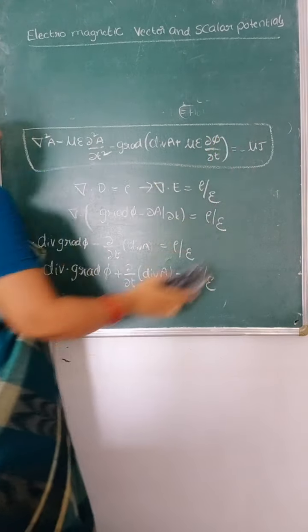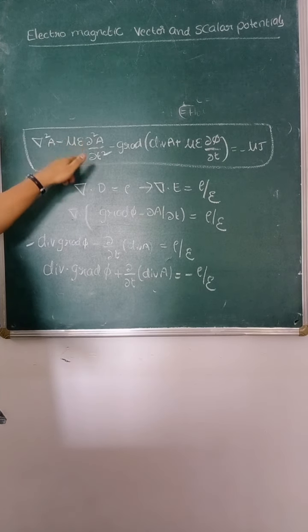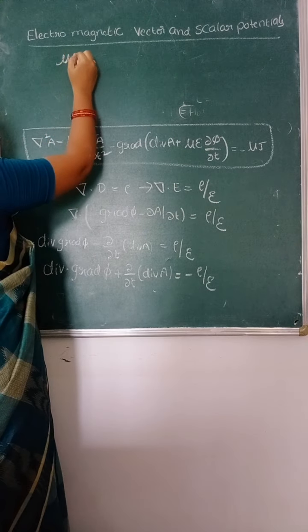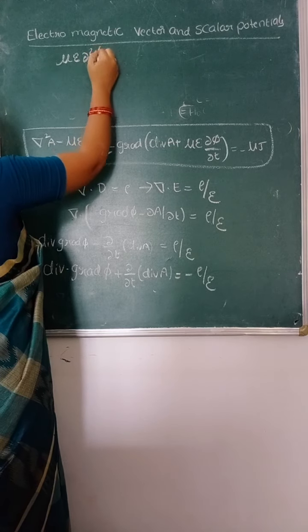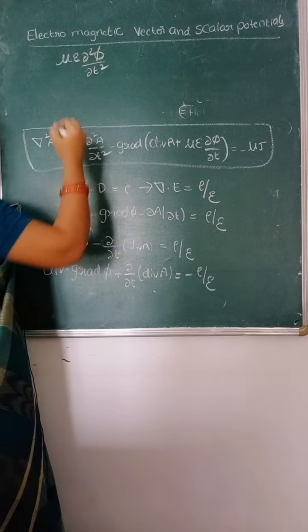Let us add and subtract the term mu epsilon dou square phi by dou t square.